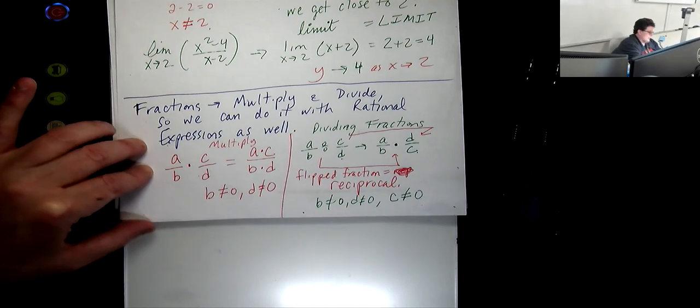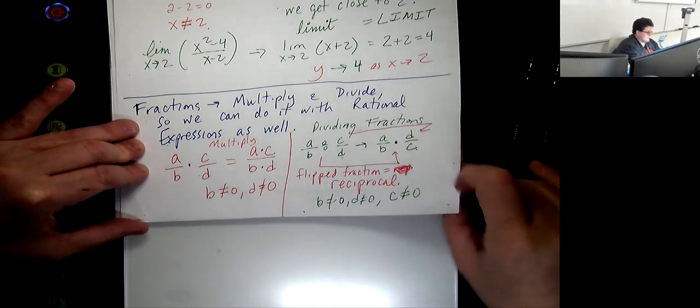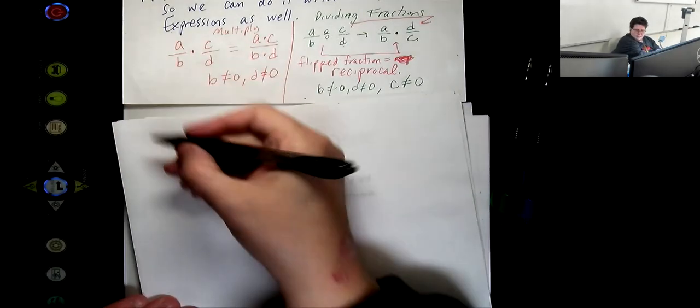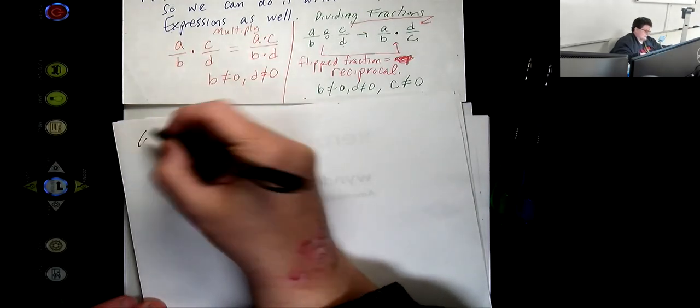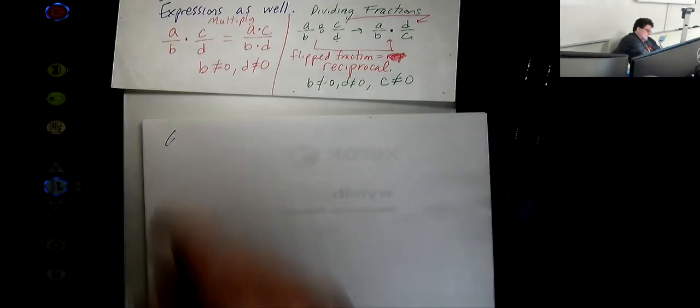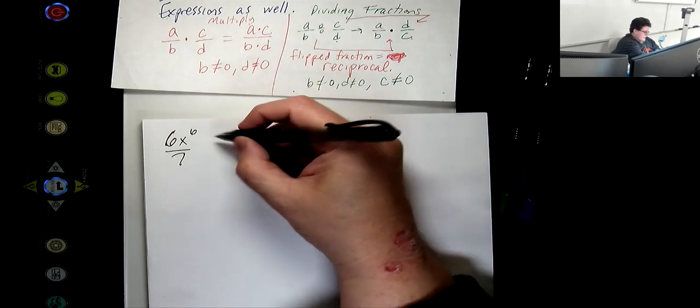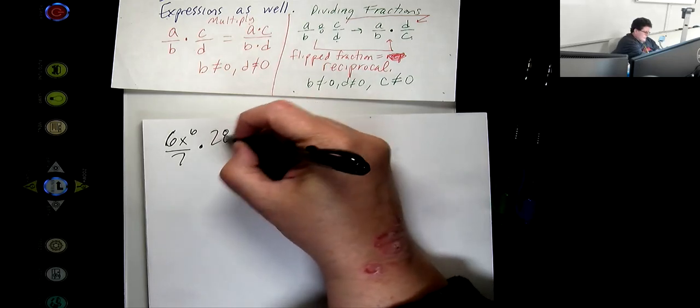So let's look at applying this. We'll start with the simple rational expression first. Let's do 6x to the 6th power divided by 7 times 28 over 9x squared.